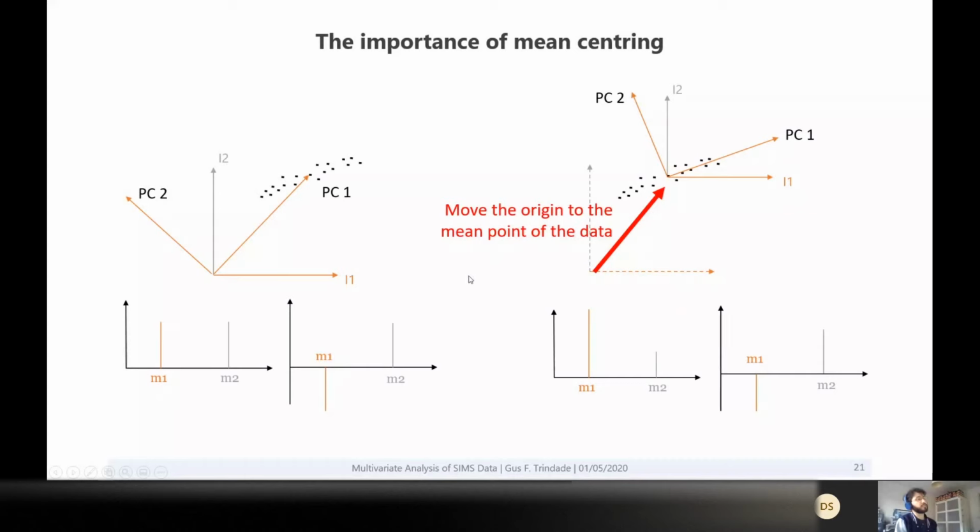And that's very important, because if you don't do this, you have wrong interpretations. Every time, if you don't do this, your PC1 will always show the average of your data. The average of your data is just M1, M2 with equal contributions. That's it. So if you have more peaks and don't mean center, you're always going to get your average spectrum for PC1, which is not really informative. You don't need to do PCA to find out the average. So it's important to do mean centering.